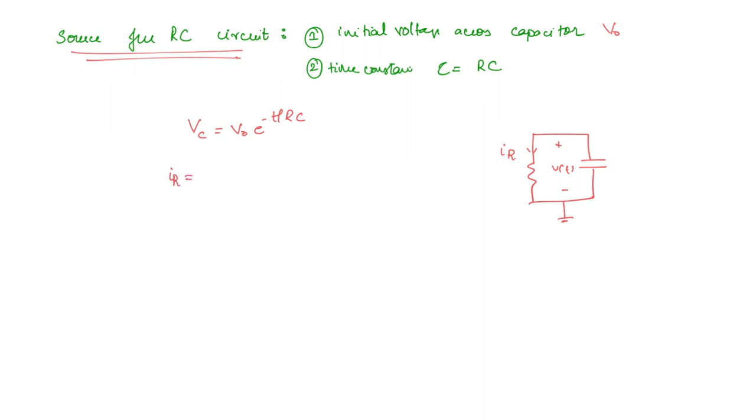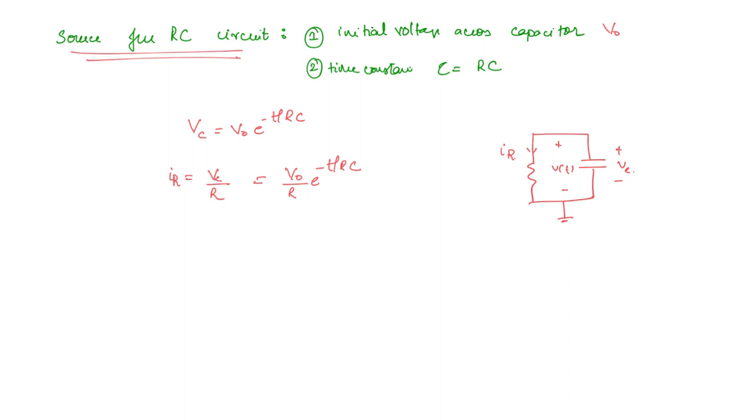IR is equal to Vc by R, because this is the Vc. So you are simply going to get V naught by R e to the power minus t by RC. And from here you can get the current through the capacitor as well. IC is equal to minus IR, so minus V naught by R e to the power minus t by RC.